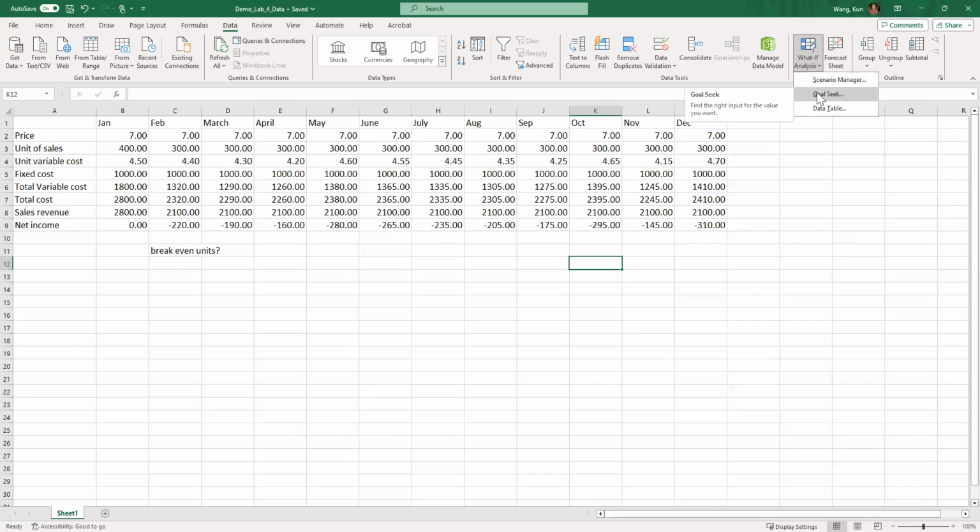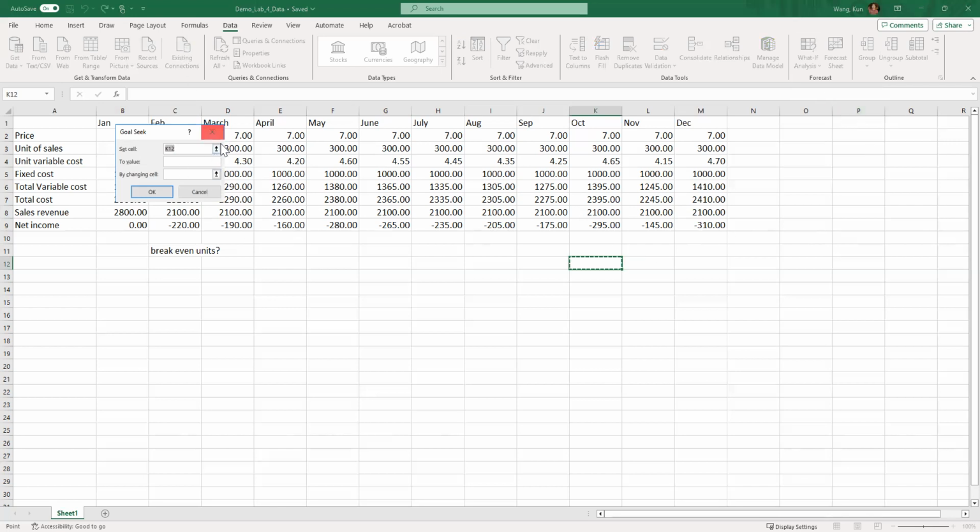In general, Goal Seek helps you if you define a goal, like breaking even or making a certain amount of profit. Then you can check how many units you need to sell, or what the price per unit or even the cost should be. It's a very useful tool. We can set up a goal and check the inputs. So click on Goal Seek.